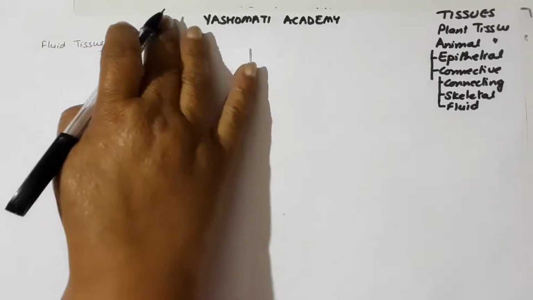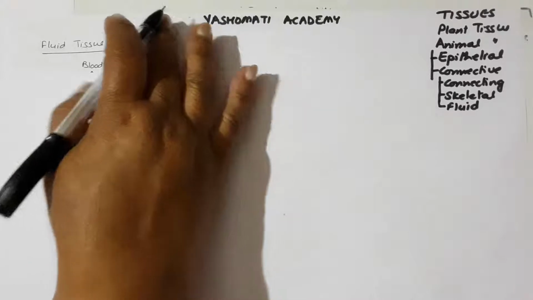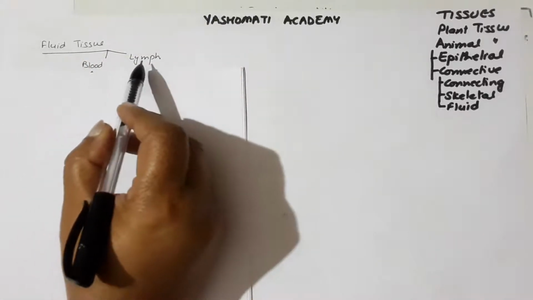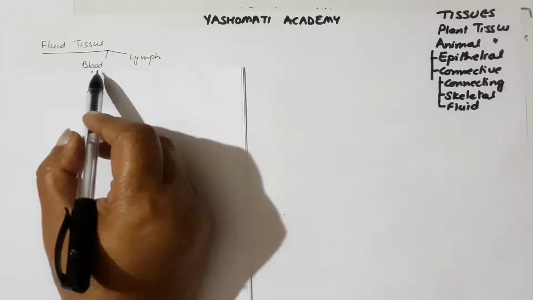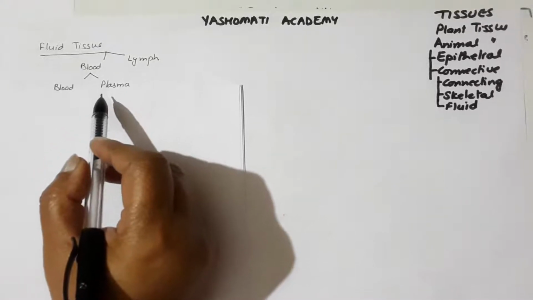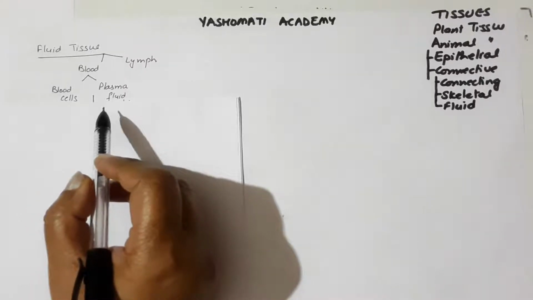There are two different types of fluid tissues. They are called blood and lymph. Blood consists of two parts, that is blood cells and blood plasma.